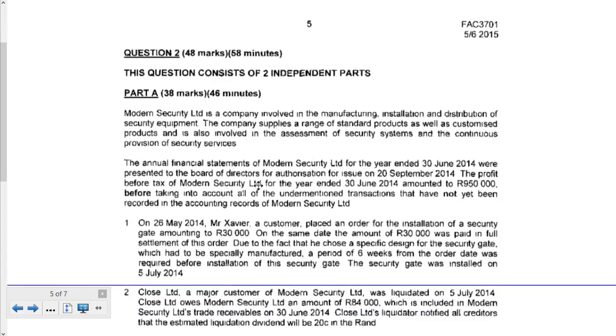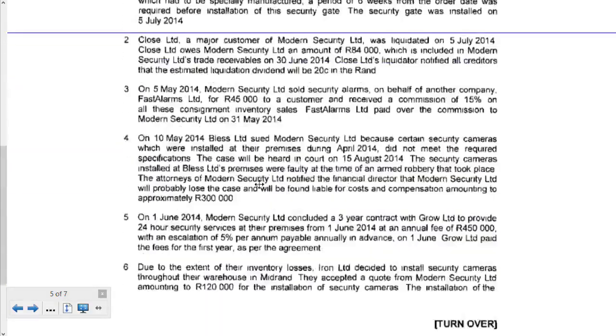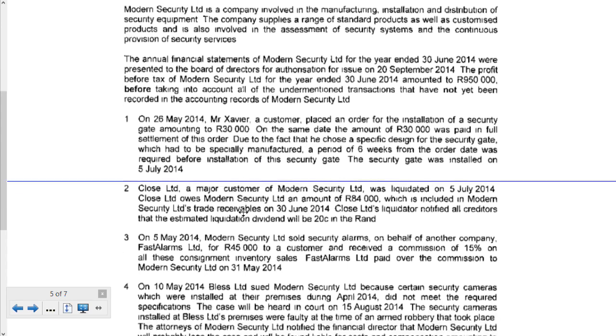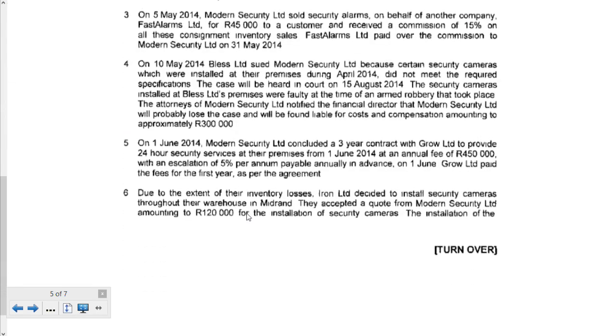So if we look at question 2, it has 2 independent parts. Part 1 has a number of scenarios, and you can see that they have 10 transactions. Here they have a customer who placed an order, a customer who was liquidated. We sold security systems and received a commission. We installed cameras that didn't meet some requirements, and we're being sued.